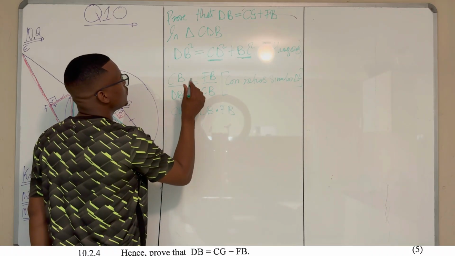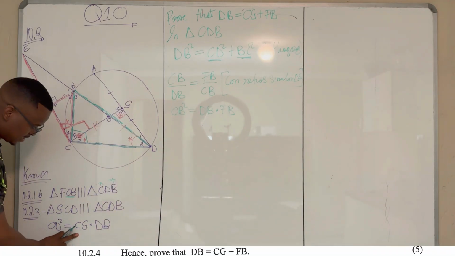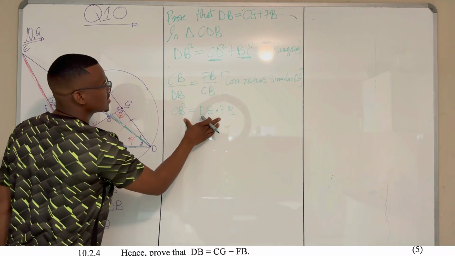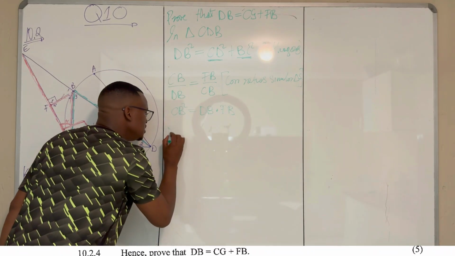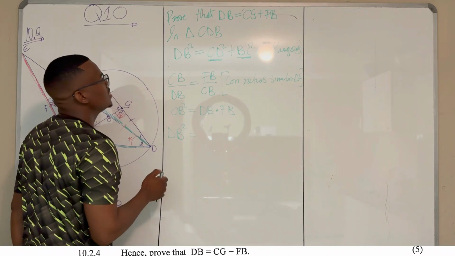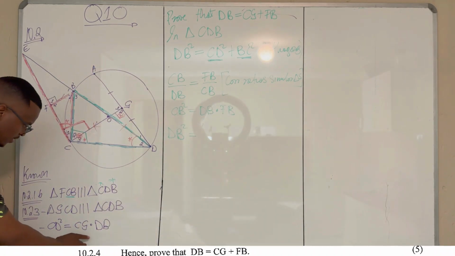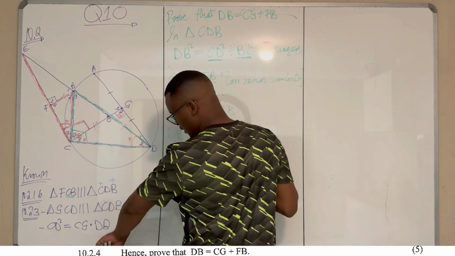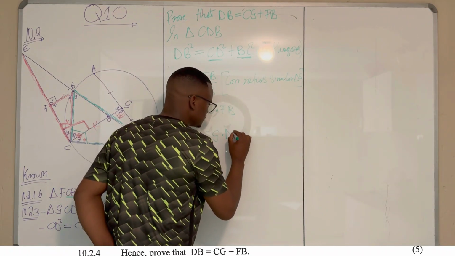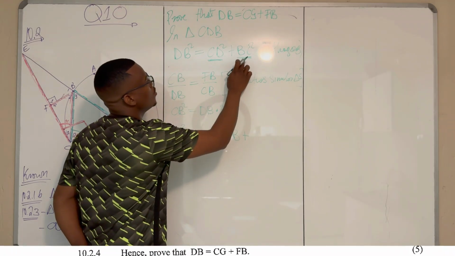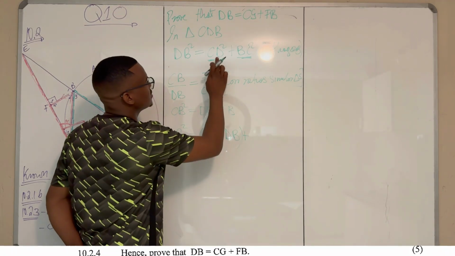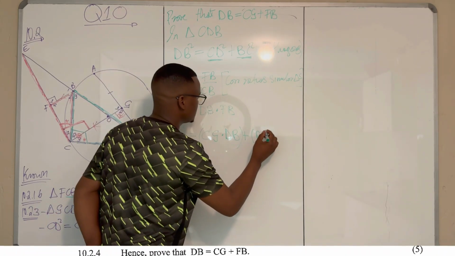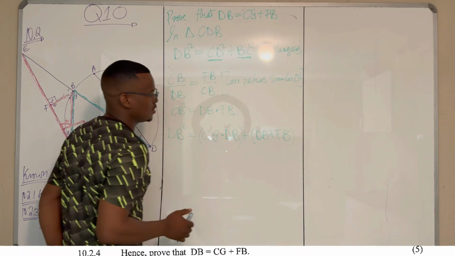So in that case, you have CD squared to be this, and you have BC squared to be this. We said here your DB squared is equal to CD squared, which is your CG times DB, plus your BC squared, which is DB times FB.